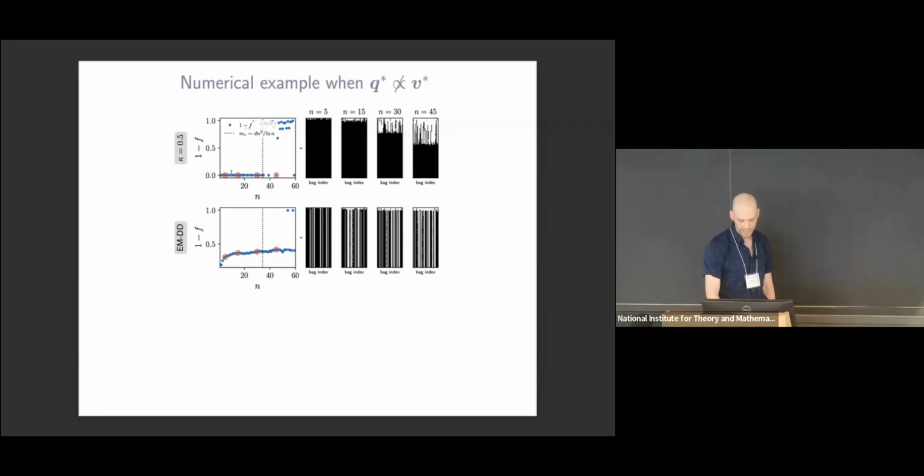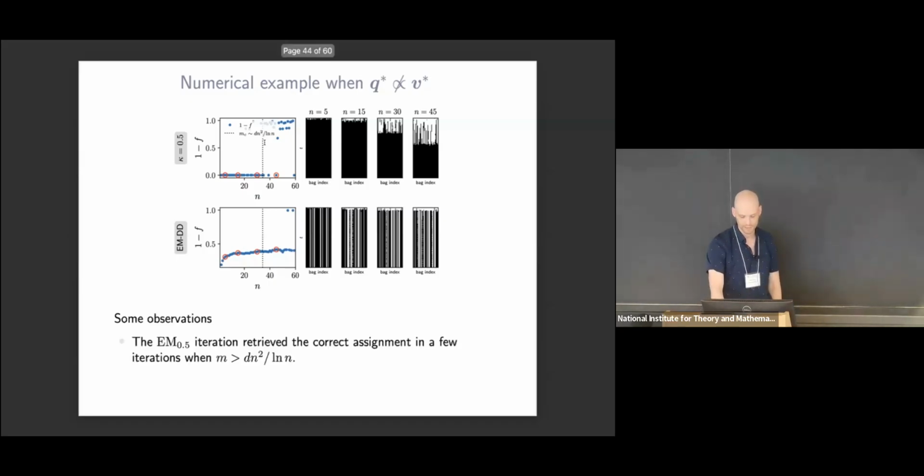These are just showing, if I run it for some fixed number of iterations, what's the final match fraction? So 0 is good; 0 means we got them all. And there's a transition here. This is the case where the query and the value are misaligned, so the older EM algorithm shouldn't work, and it doesn't work. I'm just showing that to illustrate it.